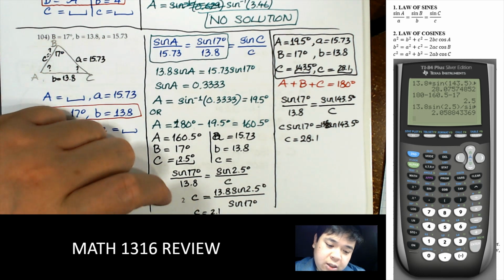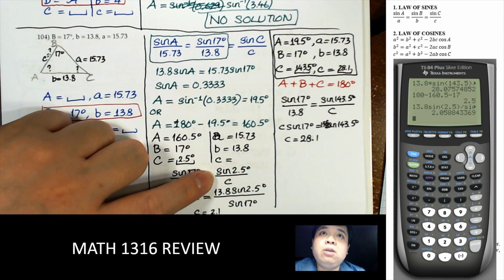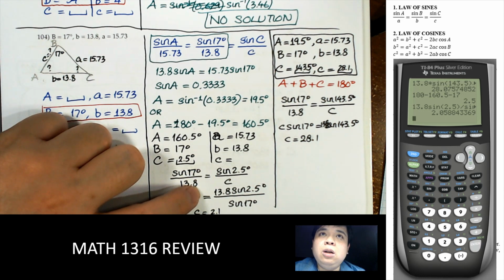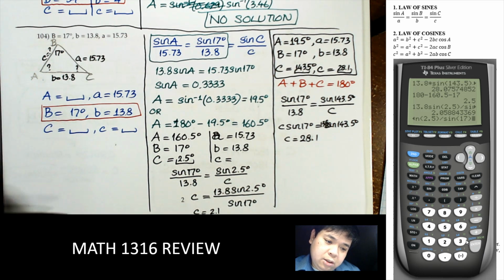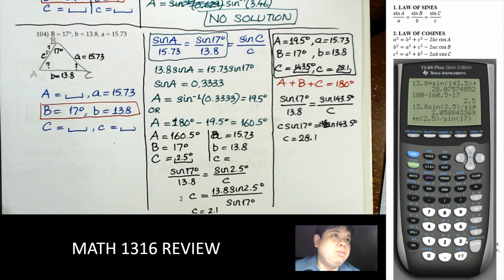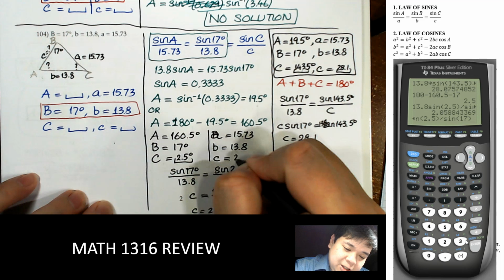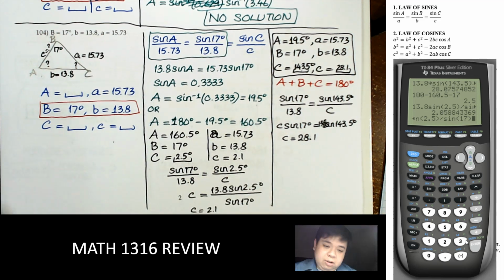13.8 sine of 2.5 divided by sine of 17. So it's a little off, but that's fine.